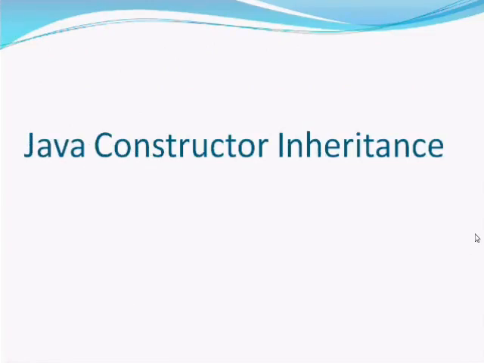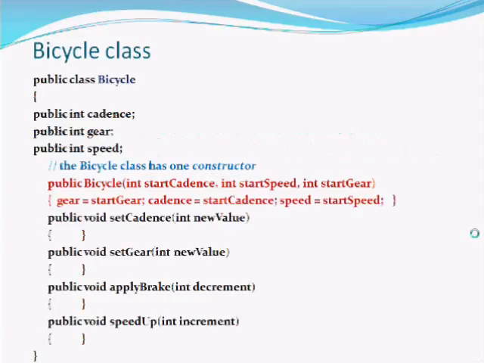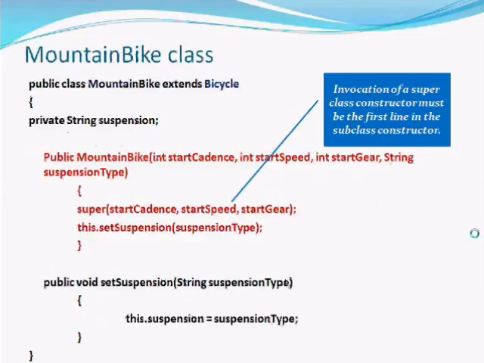Now we are looking at how inheritance is used in constructors. The following example illustrates how to use the super keyword to invoke a superclass's constructor. The mountain bike is a subclass of the bicycle class. Here is the mountain bike subclass constructor that calls the superclass constructor and then adds initialization code of its own.